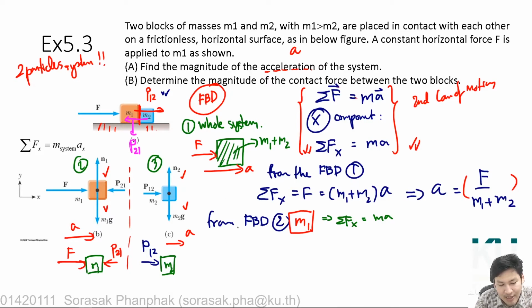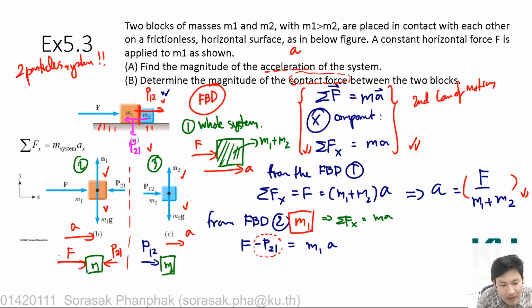What you get is F minus P21 equals m1a, and it is already known that a is equal to this term, so we can further investigate all other parameters. If you would like to determine the magnitude of the contact force here, you would like to determine P21 or P12. You can determine it with this relation.